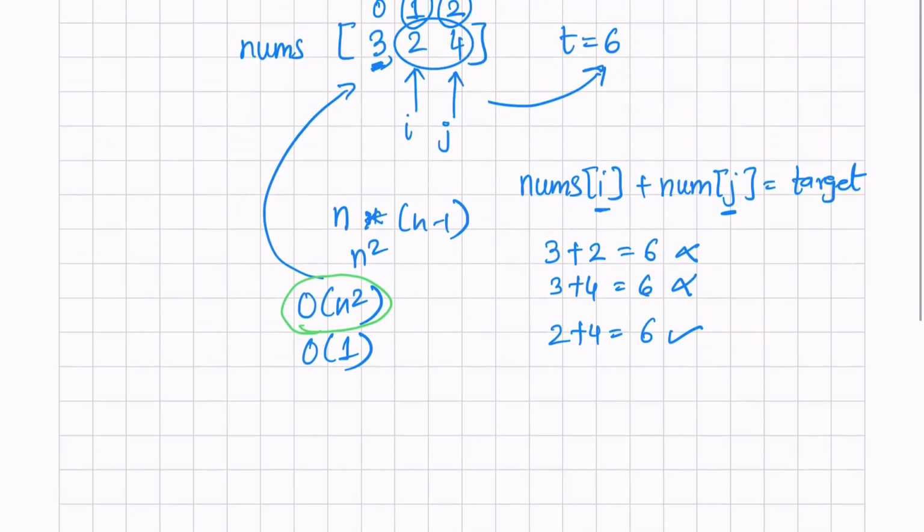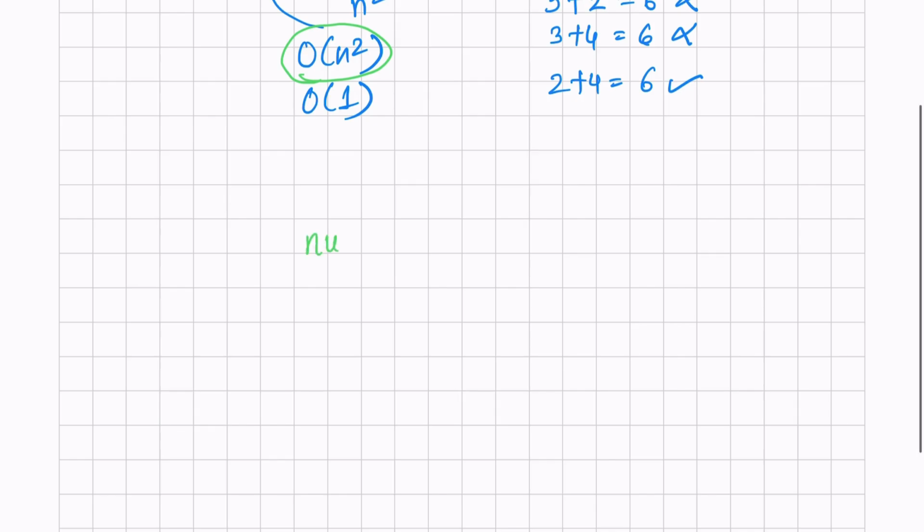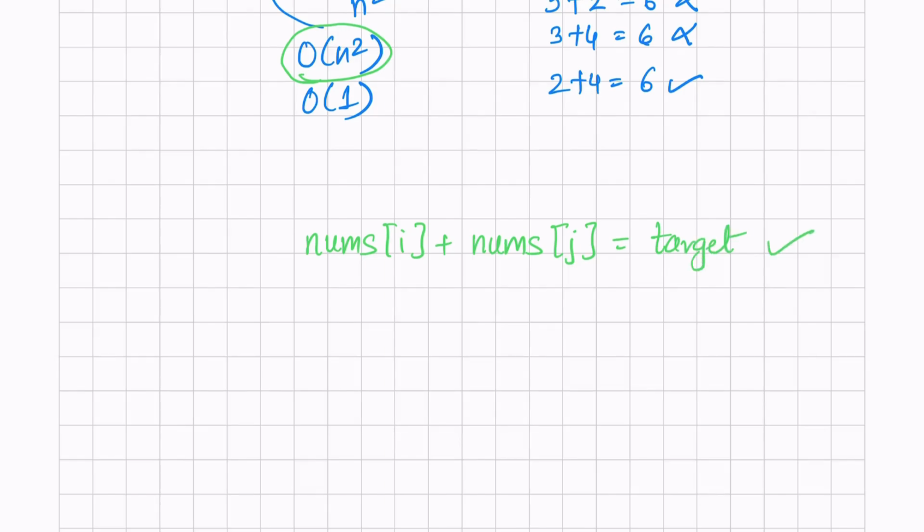So in the brute force solution, we said, okay, if nums I plus nums j equals target, we found our answer. So let's pull out this equation. Now, let's rearrange this equation a little bit.